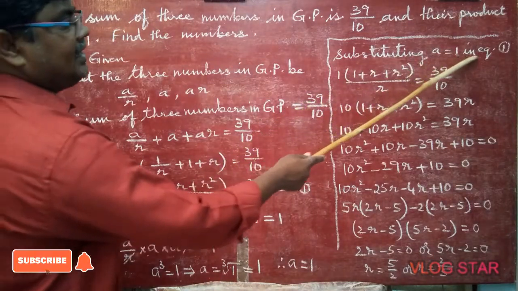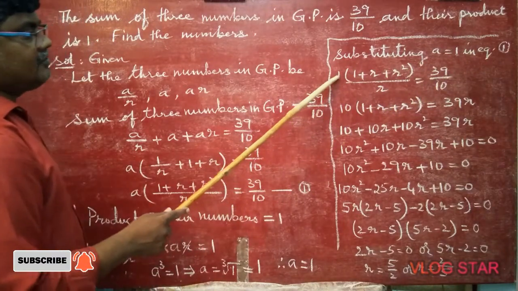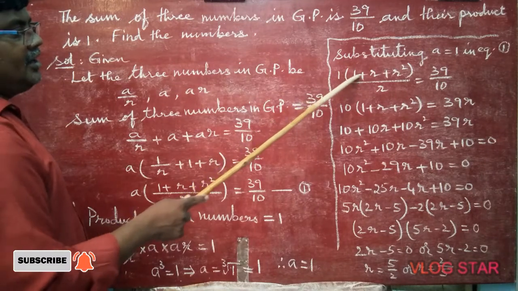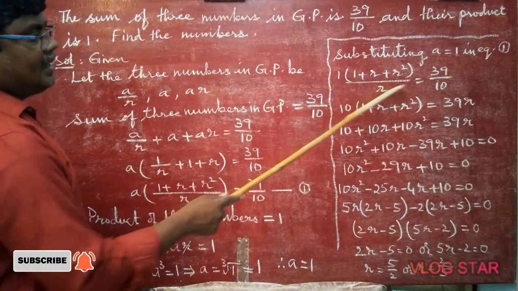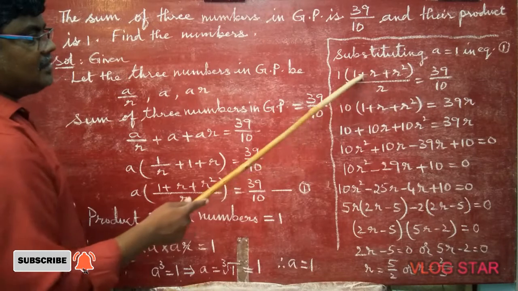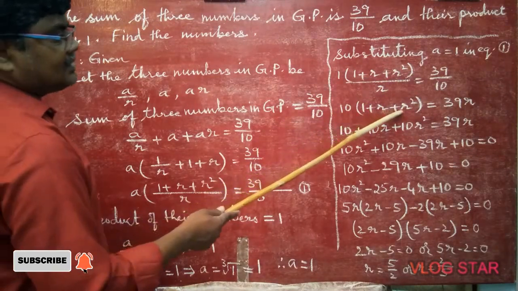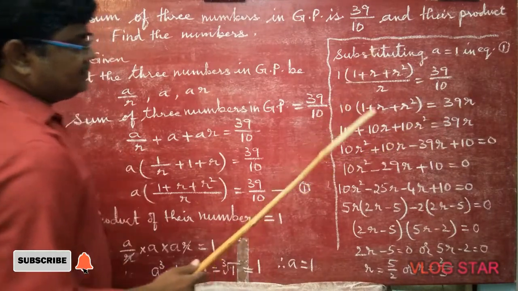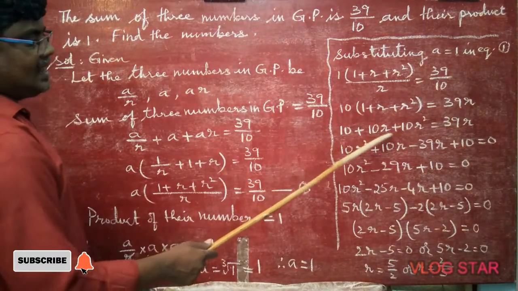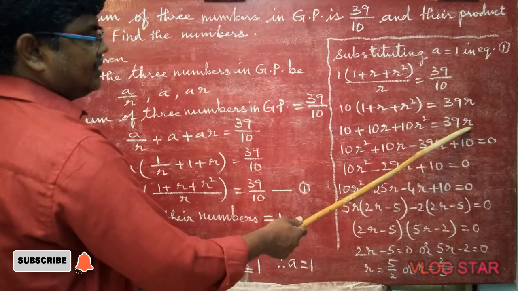Substituting a equal to 1 in equation 1. In the place of a, I wrote 1. 1 into anything will be that much only. (1 + r + r²)/r is equal to 39/10. Do cross multiplication. 1 times 10 is 10. 10(1 + r + r²) is equal to 39r. Multiply with 10: 10 plus 10r plus 10r² is equal to 39r.